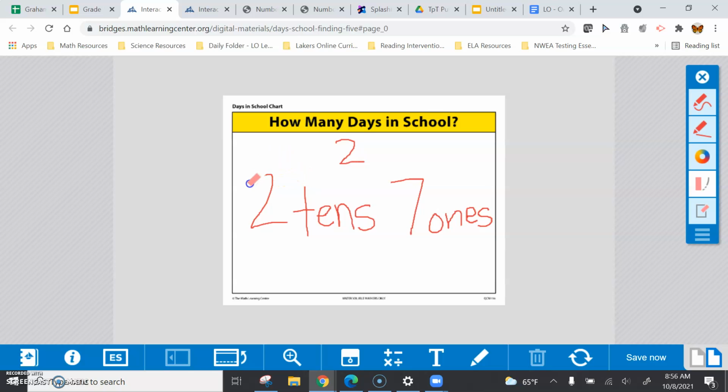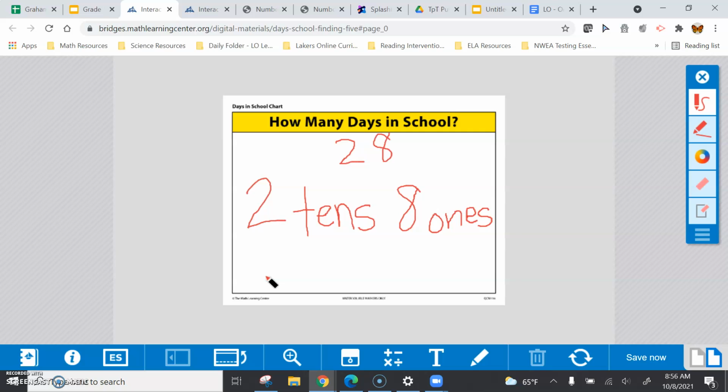But today, I'm going to challenge you with something, All Stars. If it's the 28th day of school, I'm going to put 28 here. And we have 2 groups of 10 and 8 ones. Here is your job, All Stars. In Number Corner now, grab a piece of paper, grab a pencil.